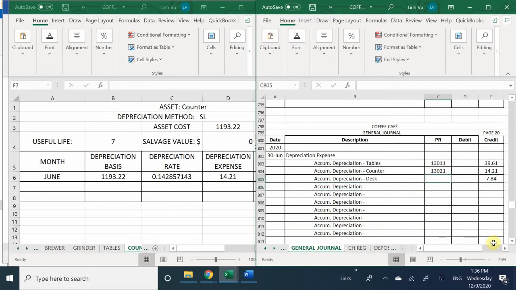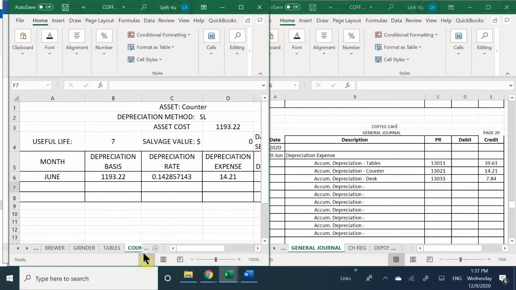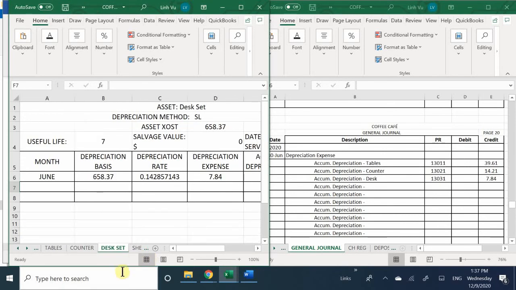What did you say the account number was? 13031. No, it's 13033 for the desk, right? You're just doing the accumulated depreciation? Oh, sorry, my bad. Looking at the desk set itself. Sorry, please ignore that. Okay, so again, yes, the desk set is indeed for $7.84.